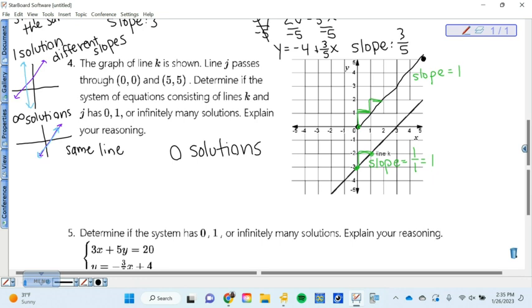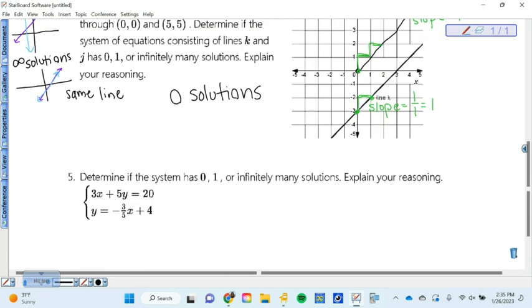Okay, last one. So again, determine if the system has 0, 1, or infinitely many solutions. What do you think I need to do? Yeah, let's turn our standard form equation into slope-intercept form.